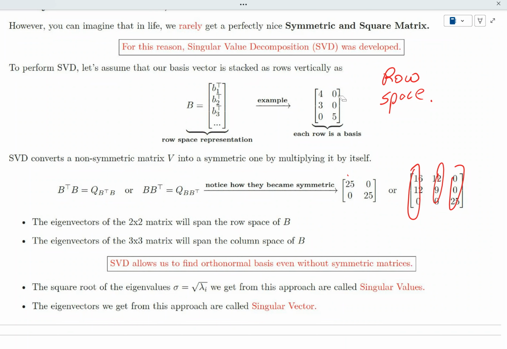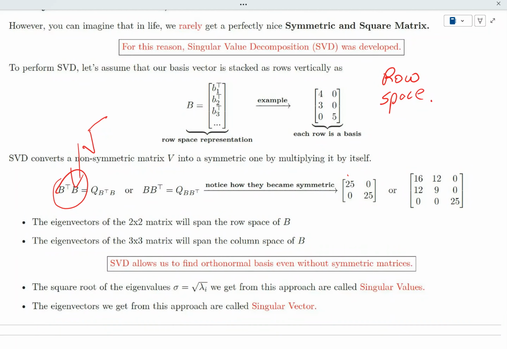So SVD essentially allows us to find the orthonormal basis even without a symmetric matrix. SVD just says do this initial conversion and then you will be able to find it. Now, because you do B times B transpose, you need to take the square root of the eigenvalues because you multiply twice, right?